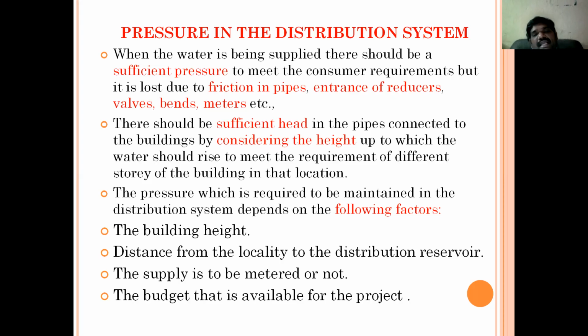That means, for better flow and good supply, there should be sufficient head in the pipes; whenever the water is being supplied, sufficient head has to be maintained. See here, sufficient head in the pipes connected to the buildings, considering the height up to which water should rise to meet the requirements of different stories of the building in that location.